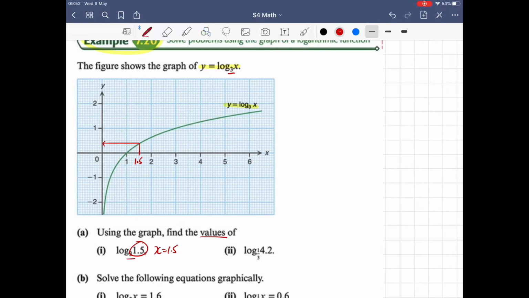And we know that the result is 0.4. Therefore, in A1, from the graph, when x equals 1.5, y equals 0.4.